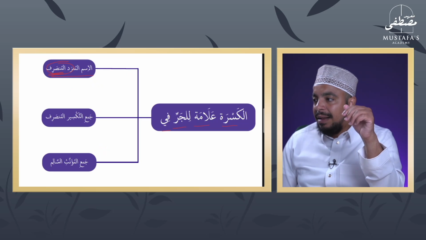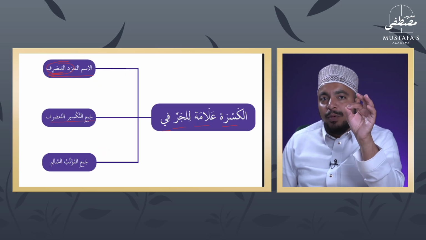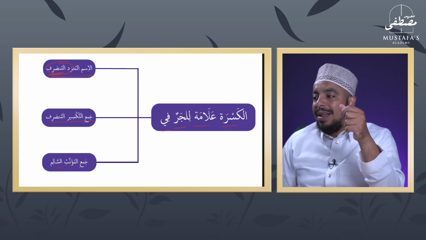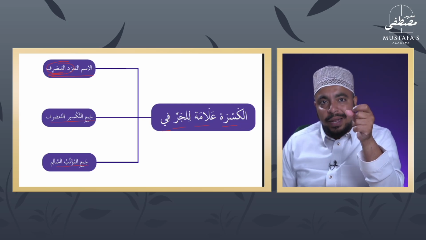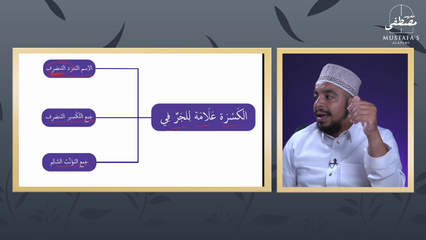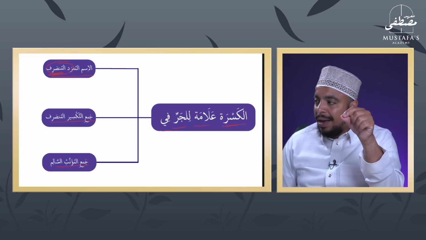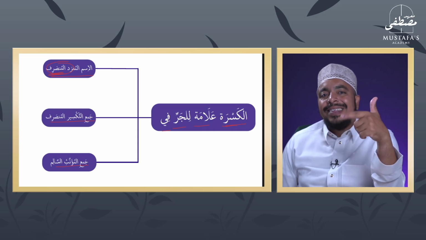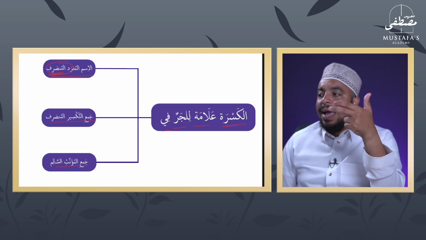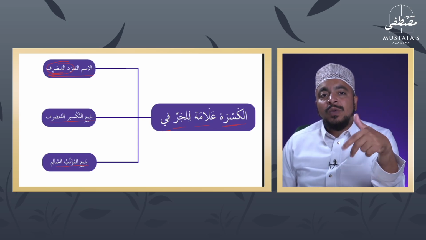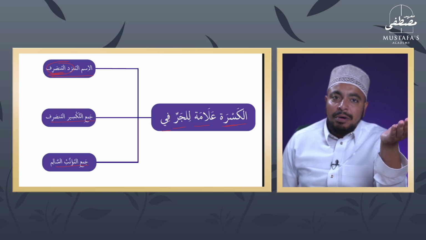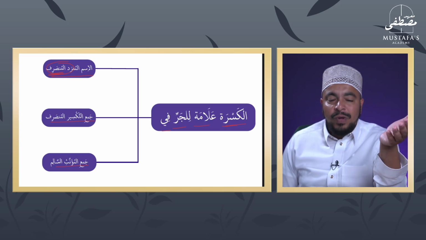جمع التكسير المنصرف, the broken plural noun which is munsarif. Then جمع المؤنث السالم, the feminine plural noun. Now the kasrah works for the single form noun which accepts the kasrah, the broken plural nouns which accept the kasrah, and the feminine plural noun which definitely accepts the kasrah without a doubt.